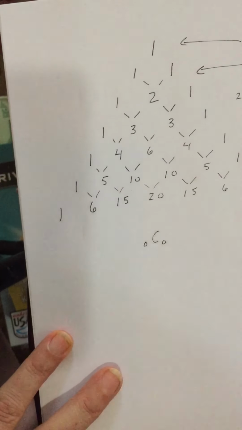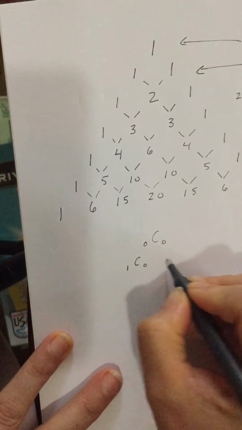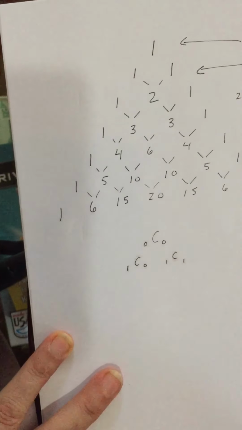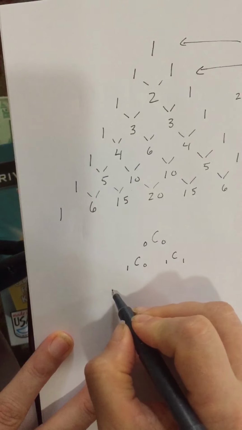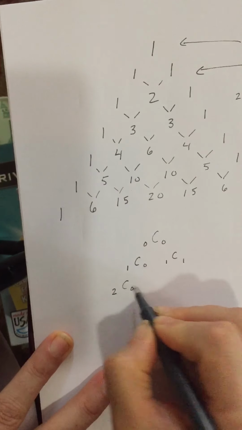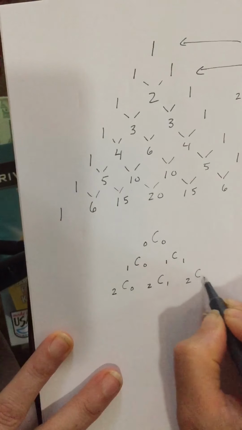So 0 choose 0 is the very top thing of the triangle. Then the next row is going to look like 1 choose 0, 1 choose 1. The next row, the 1, 2, 1, is going to be 2 choose 0, 2 choose 1, 2 choose 2.